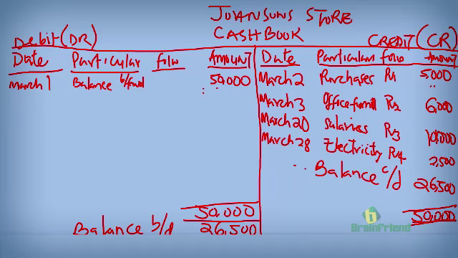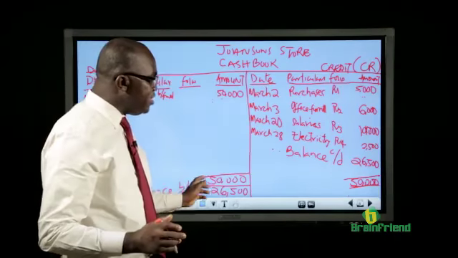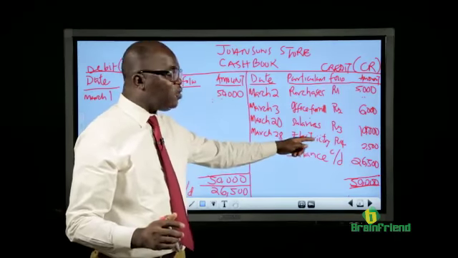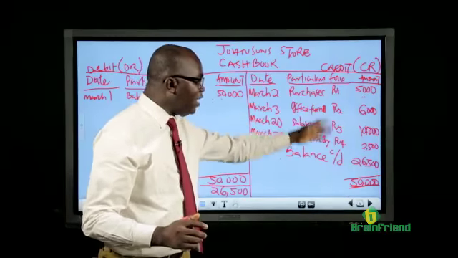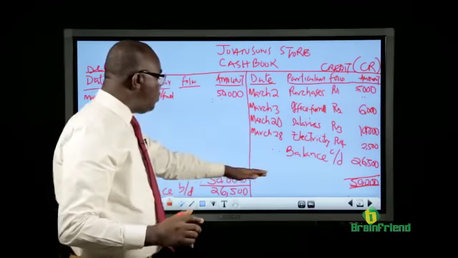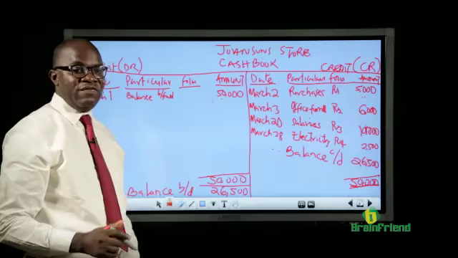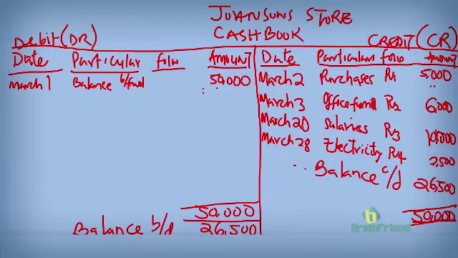And like I mentioned earlier, the balance carried down is usually the difference between the side with the higher values and the side with the lower values. When we find the difference, we add it to the side with the lower values to bring the total of the side with the lower value to be equal to the side with the higher value. That is how to balance the account.